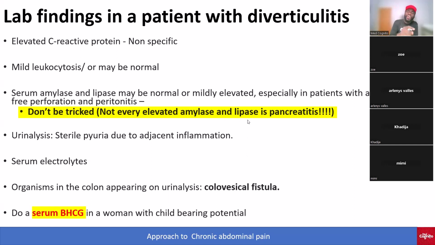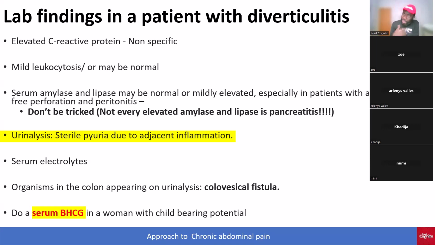Next, because diverticulitis can be suprapubic and can also give us a urine presentation like dysuria, like frequency, you also want to do a urinalysis. And when you do the urinalysis, you realize that the patients will have sterile pyuria.